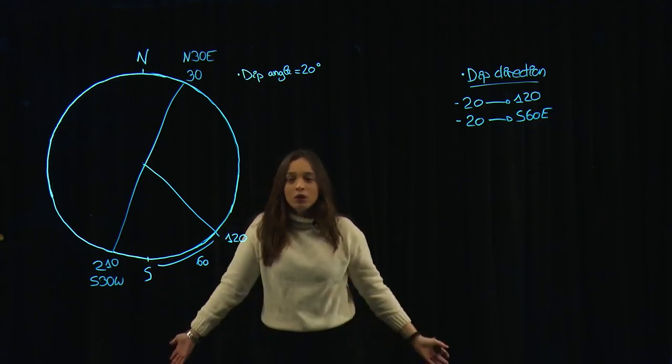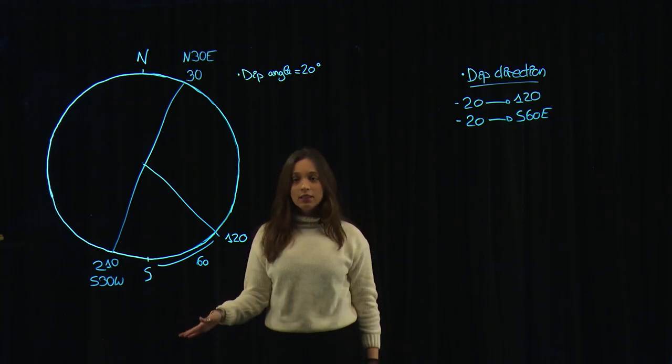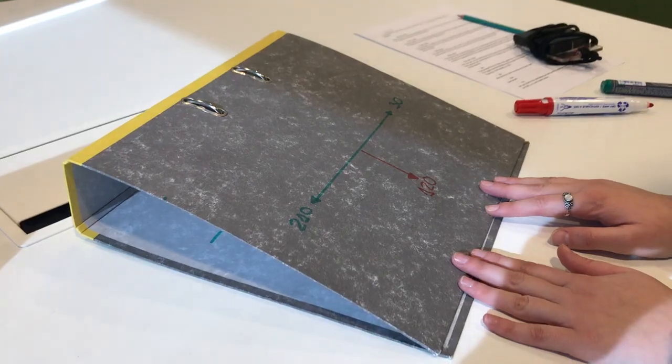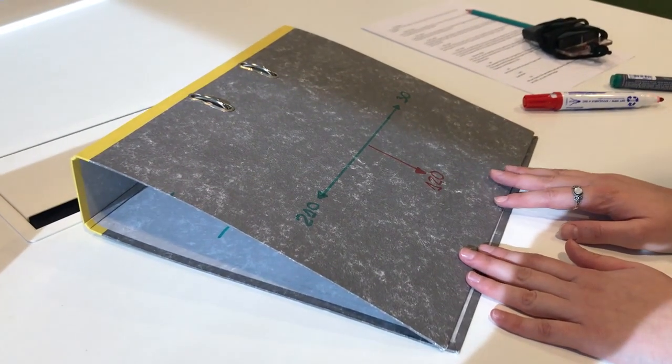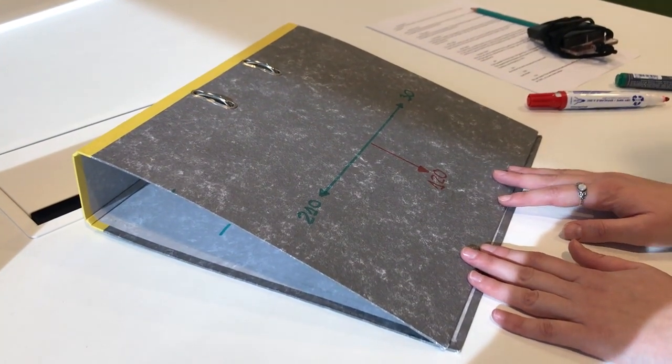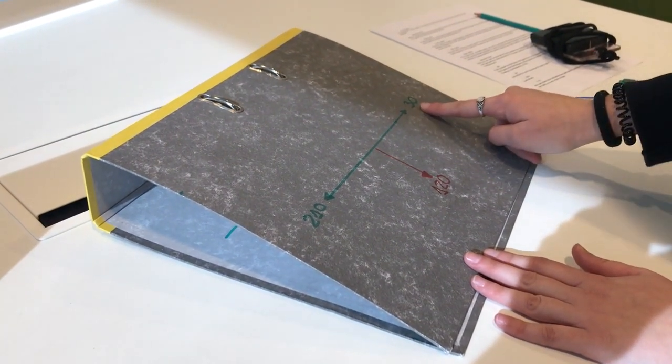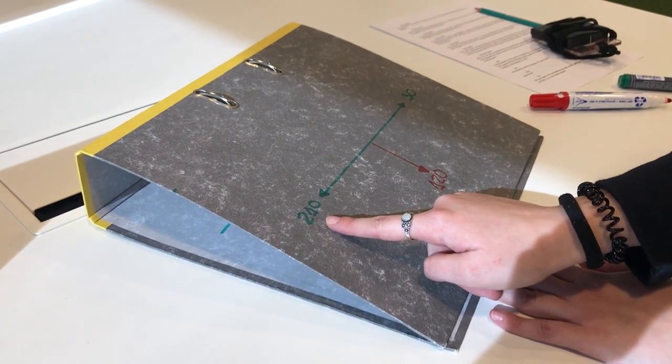And now, which one do we choose? In this case, it would depend on the notation method we are using. So, in our example, the strikes are 30 and 210.